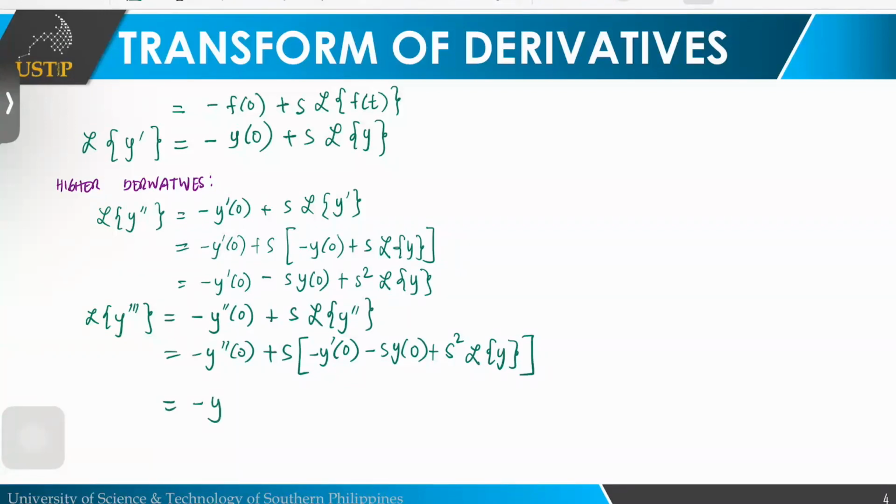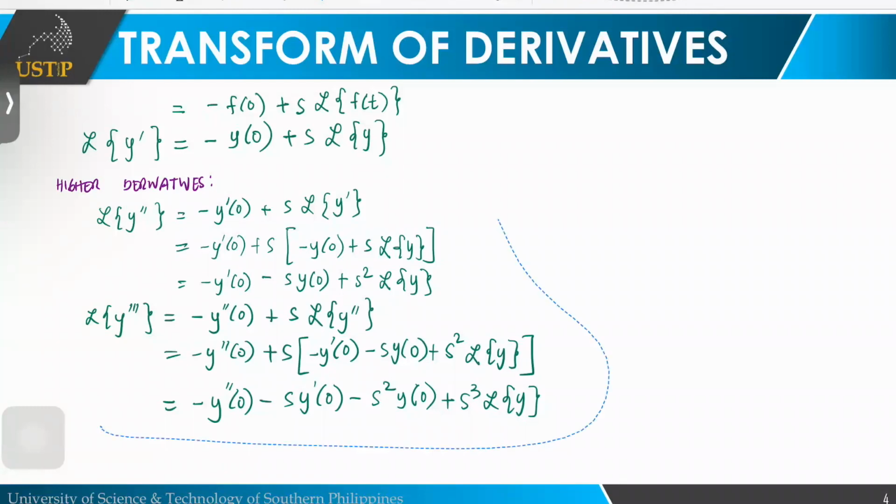We have negative y double prime of 0 minus s y prime of 0 minus s squared y of 0 plus s cube Laplace transform of y. Okay, what I'm gonna do next class is I'm gonna rearrange this para mas makita ninyo yung pattern.